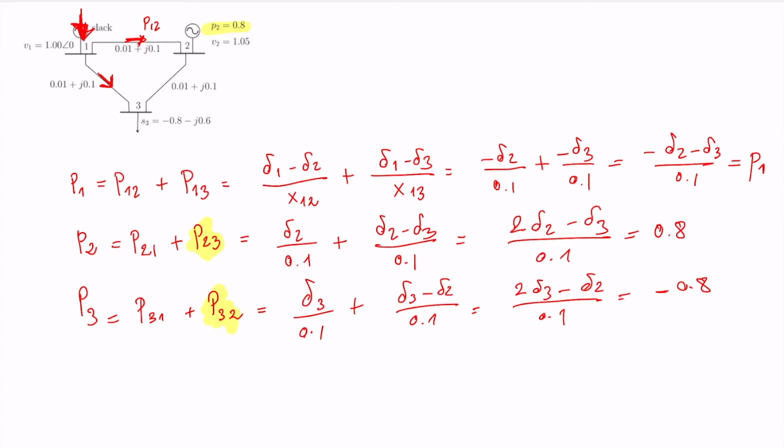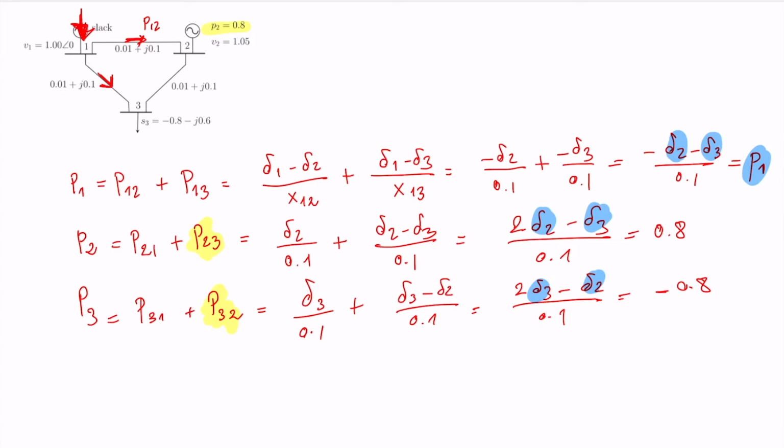Okay, so now I have 3 equations, and I have P1, delta 2, and delta 3, 3 variables. Here delta 2 and delta 3 appear again, and here also they appear again. So I have 3 linear equations with 3 variables, so this is very simple to solve.